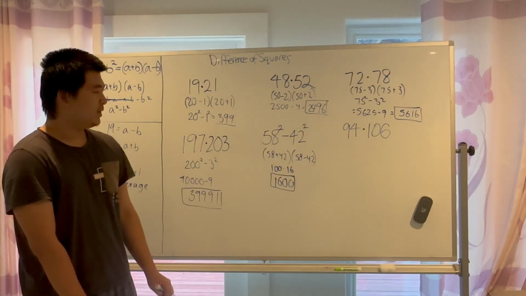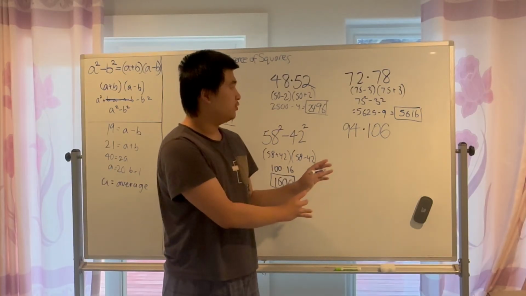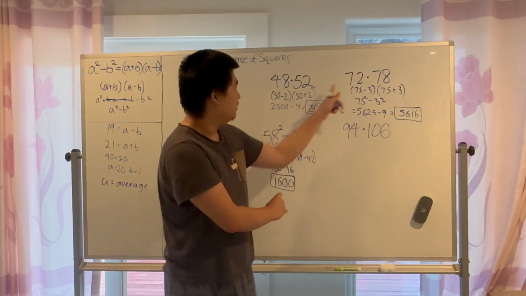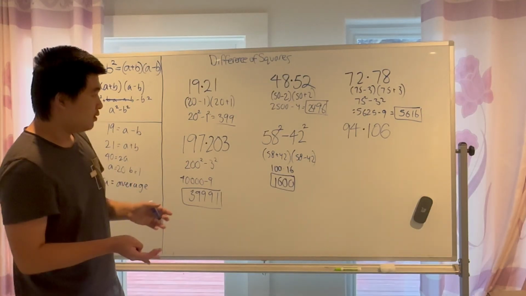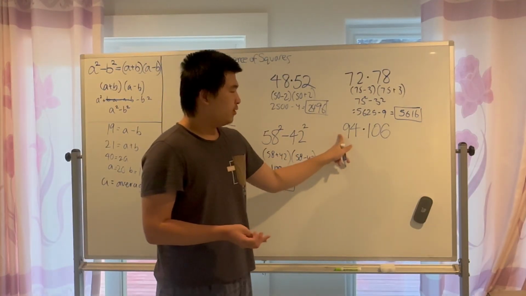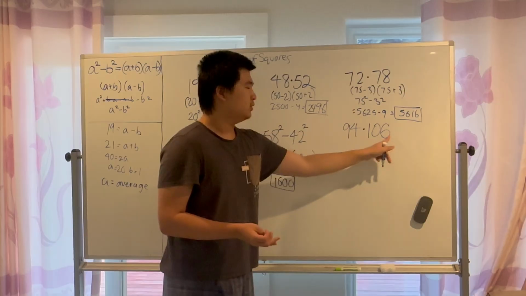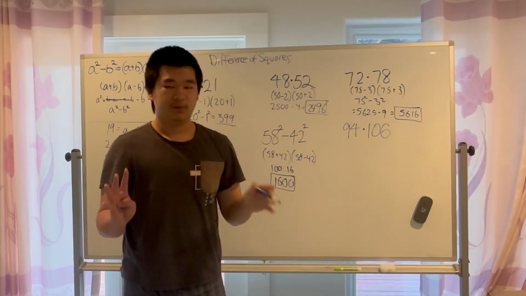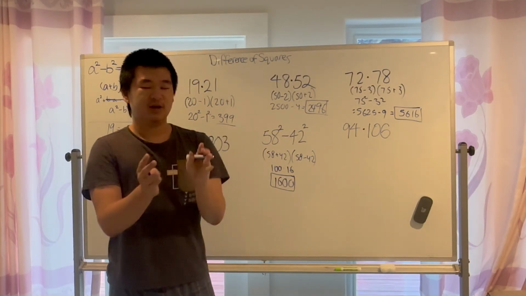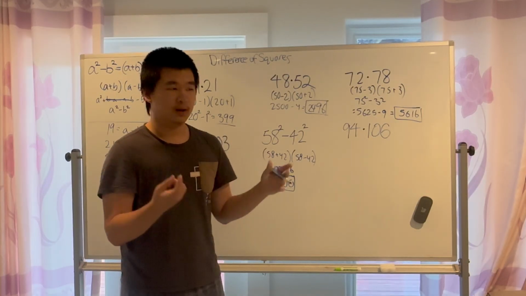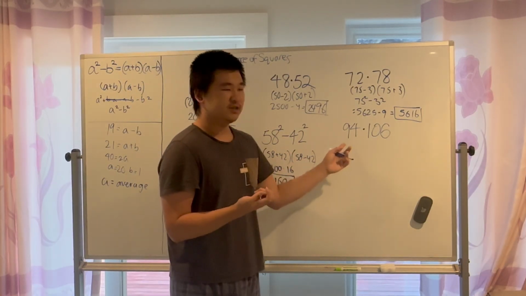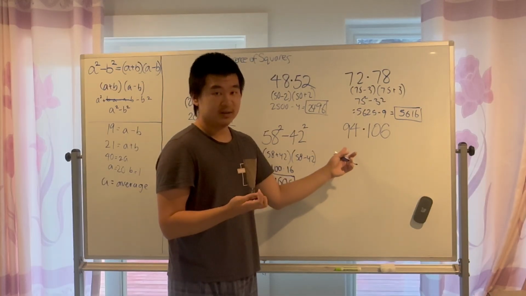That's our answer. Now, last example is going to be something very similar to these. And this time we have an even nicer number to square, right? When we see this, we should think, okay, 94 and 106, those numbers are right around 100. Instead of using the trick that we do with 90a times 100b, which can be a little bit hard, we can just say, wait, those are the same distance from 100.